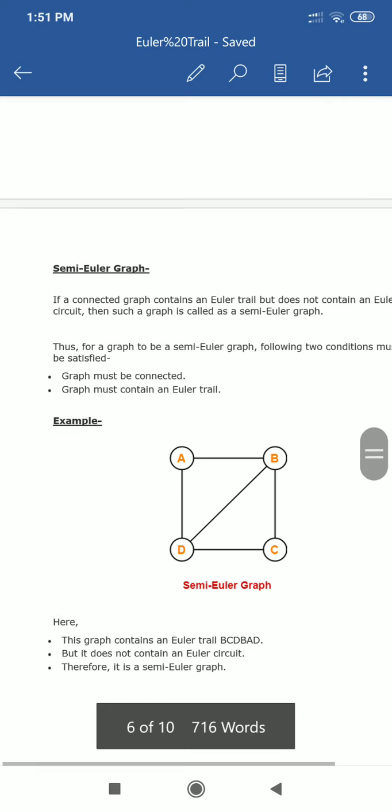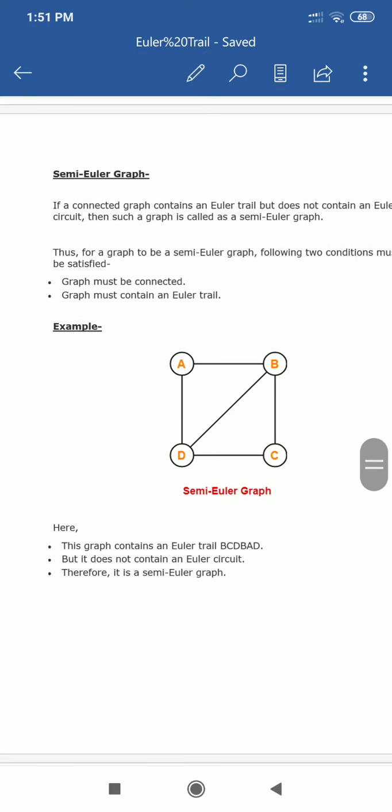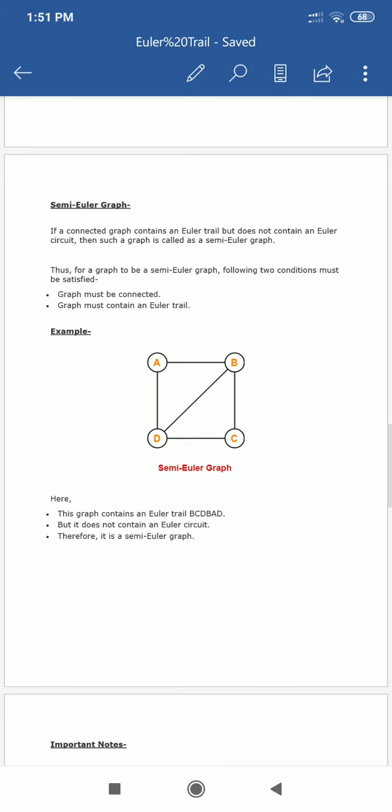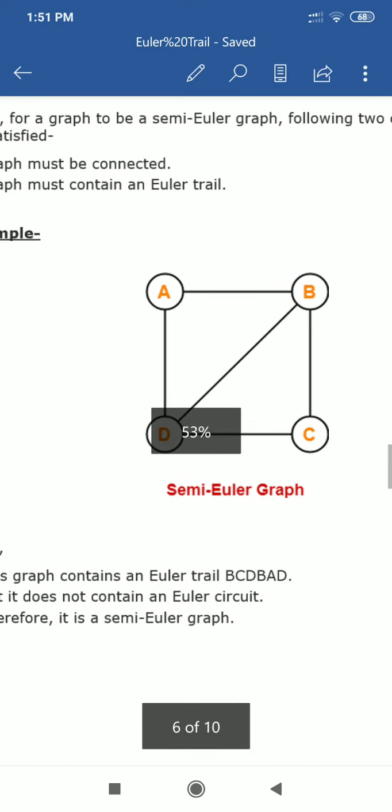Now semi-Euler graph, it is also in your syllabus. You have to understand that. To know a semi-Euler graph, you have to consider an Euler trail. Where an Euler circuit is not present but an Euler trail is there, that graph is said to be a semi-Euler graph. Look at this graph.